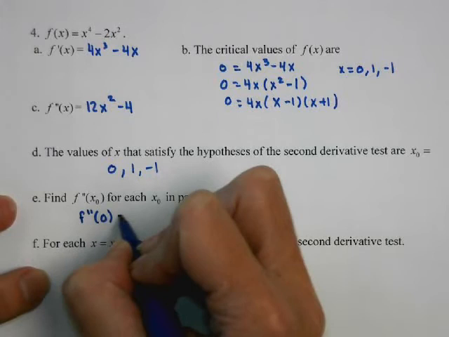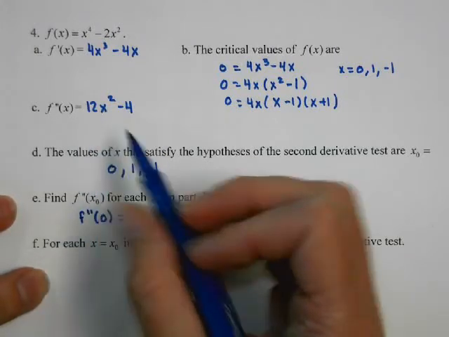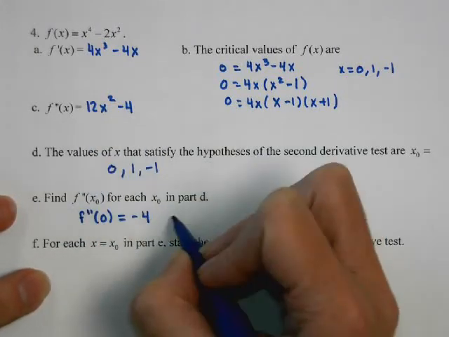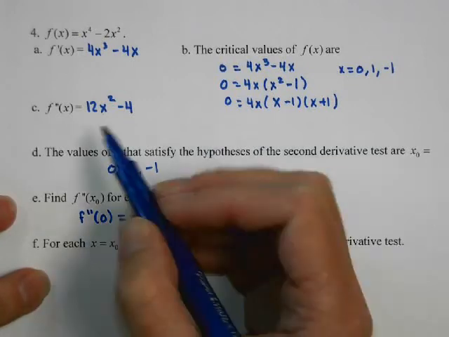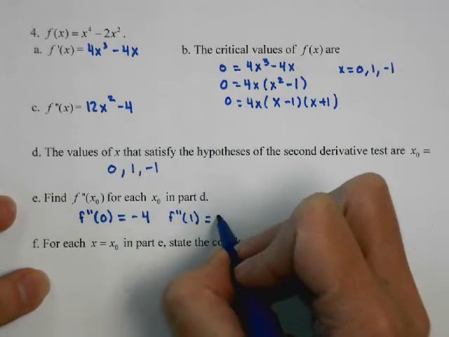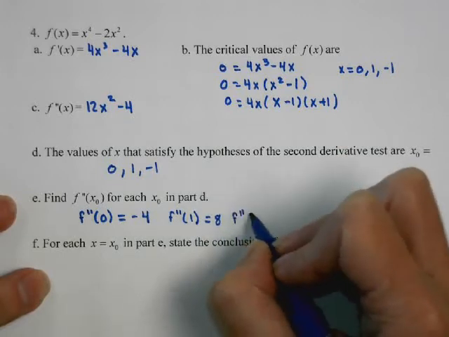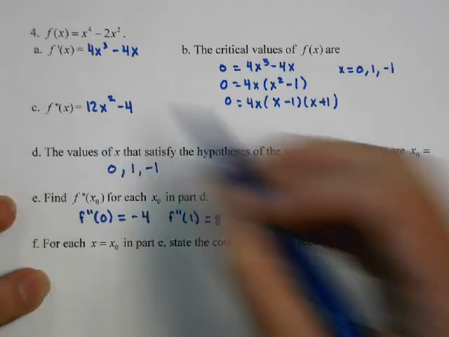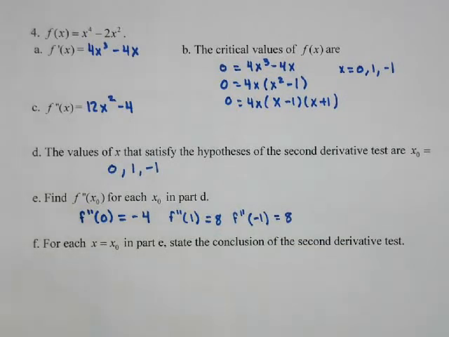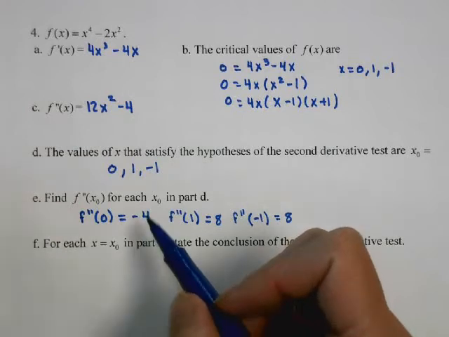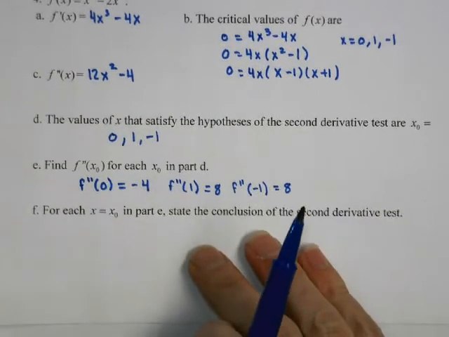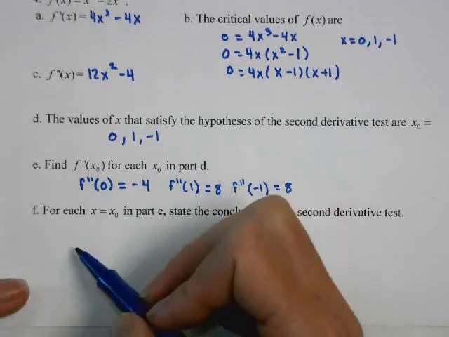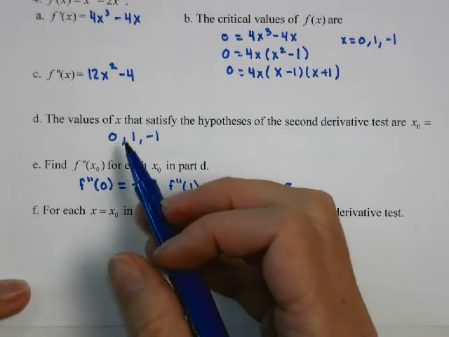So the second derivative at 0, if I plug a 0 in, is going to be -4. The second derivative at 1, we're going to have 12 minus 4, which is 8. If I evaluate the second derivative at -1, we will also get 8. So we know the first derivative is 0 for all 3 of these. For 0, the second derivative was negative. So that means that at that point, the graph was concave down and has a derivative of 0.